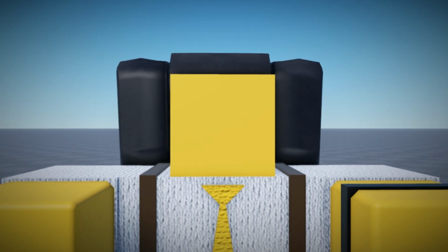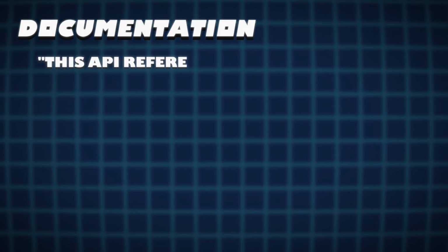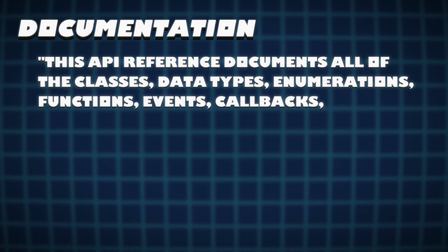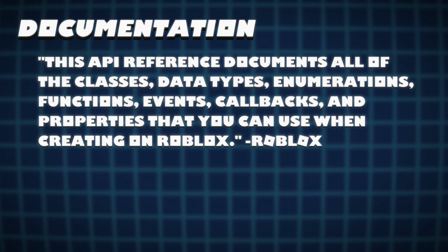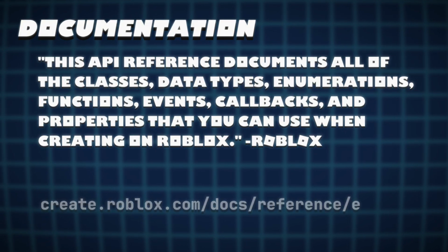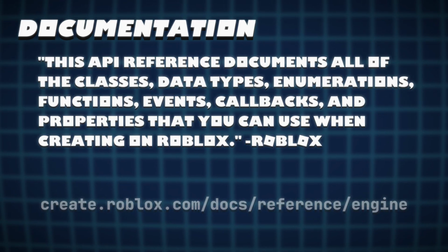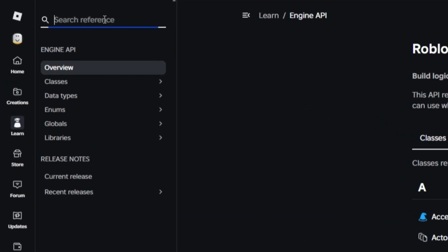To find the answer to this, we can look at the documentation. This API reference documents all of the classes, data types, enumerations, functions, events, callbacks, and properties that you can use when creating on Roblox. Essentially, it's a user manual for the programmer. Any question you have will be answered here if you know how to look for it. I'm going to search up BrickColor.